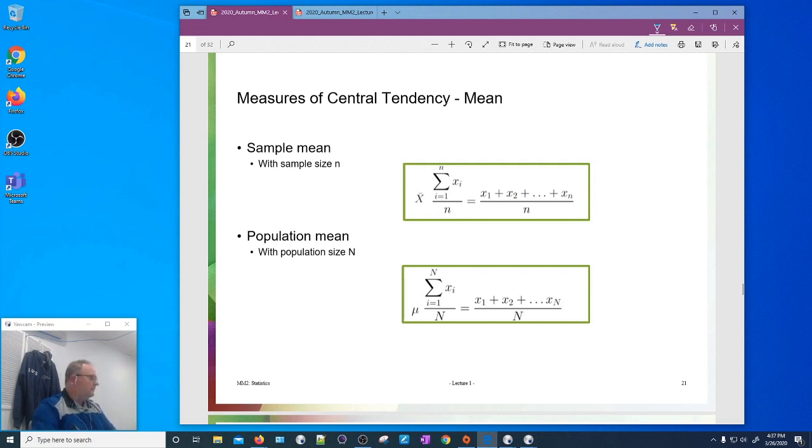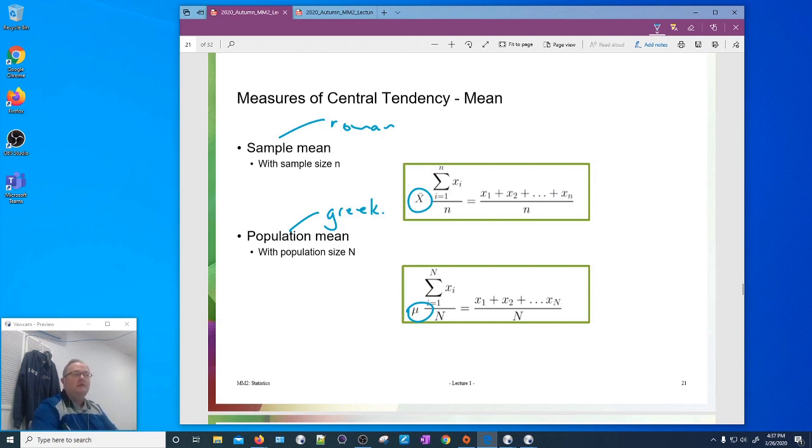The first thing I want to draw your attention to is that we've got some Roman letters for a sample, and we've got a population where we use Greek. You'll notice that one represents the mean. X bar is also the mean, but which is which?